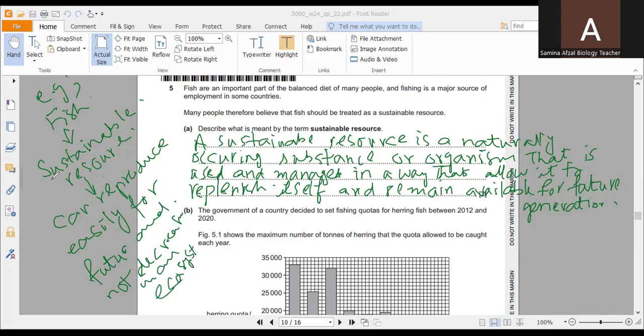So these are the meanings of sustainable resource. That is, any substance is available all the time for future generations.